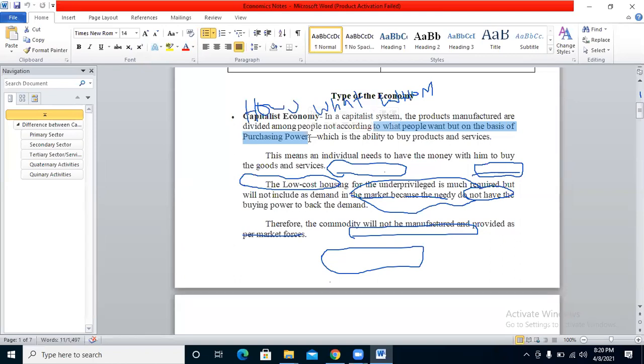This capitalist economic concept was the first economic concept, introduced by Adam Smith, who is known as the father of economics. He said that the government should not intervene in economic activity, and the economy can be run by individuals and by what people actually demand, not only what they want.